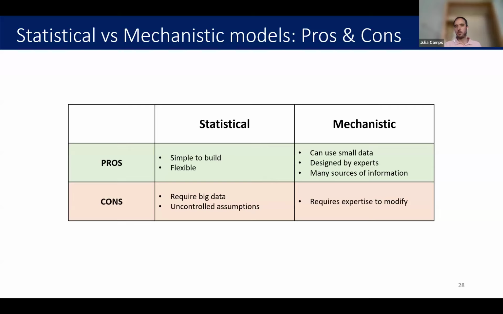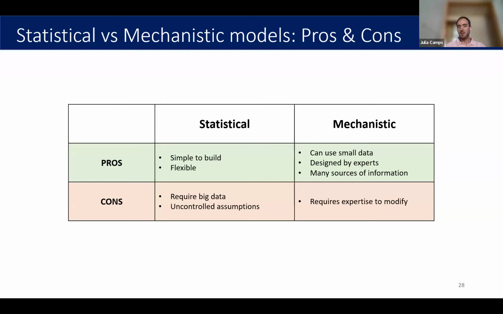But it's not as big a problem anymore. Right now, unless you're looking at a very specific problem in medicine, which is usually the case, but still, if you do have the biobank, for example, you have lots of data for lots of things. If you start pruning down, for sure, you will get into small data again very quickly, but we do have data at scale. So it's becoming more of a pro as time moves by.